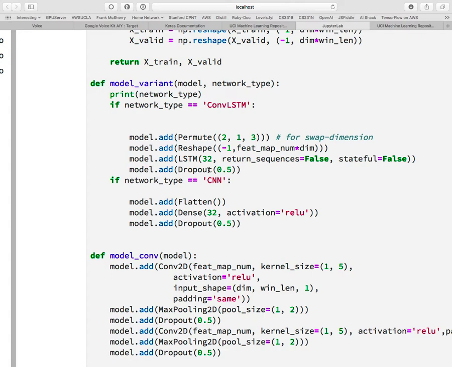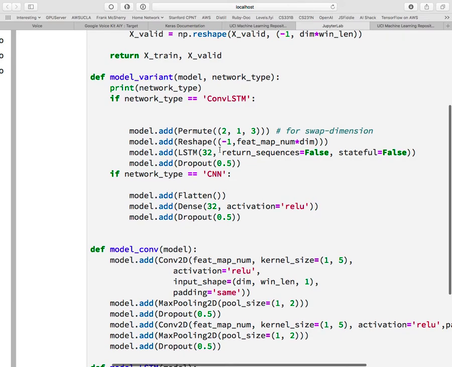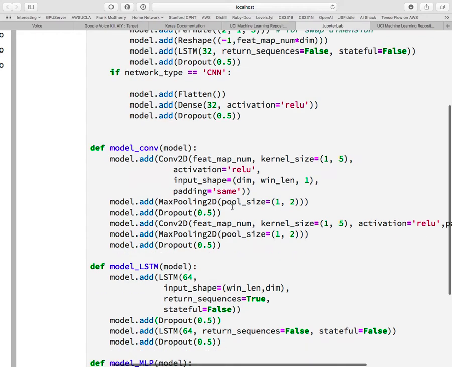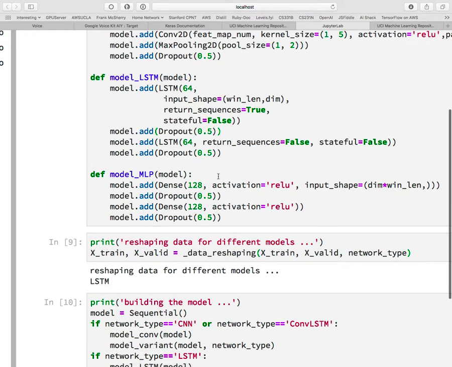So this part basically goes in sequence adding the layers one after another, and there are some details out here which only a more advanced course will teach you, but depending upon the network type being convolutional LSTM or CNN, it does different kinds of things. But at the end of the day, what we have is the structure defined.